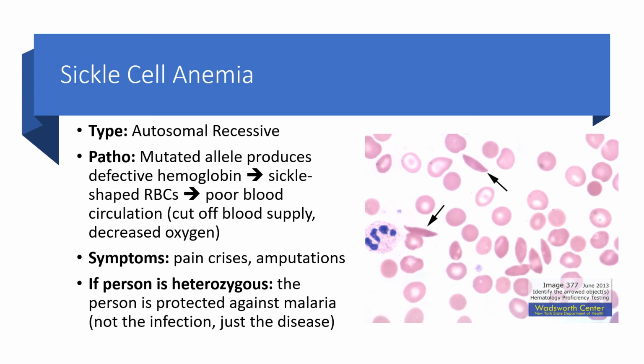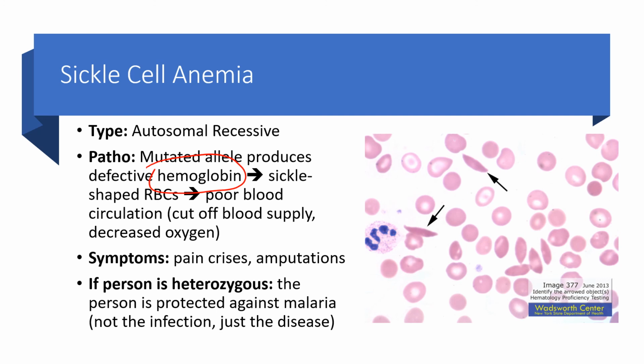So what happens is that if you have this mutation, you produce defective hemoglobin. Hemoglobin is what carries oxygen in the blood. And if it's defective, you end up with sickle-shaped red blood cells, indicated with the arrows on the side. These red blood cells cannot carry oxygen well.